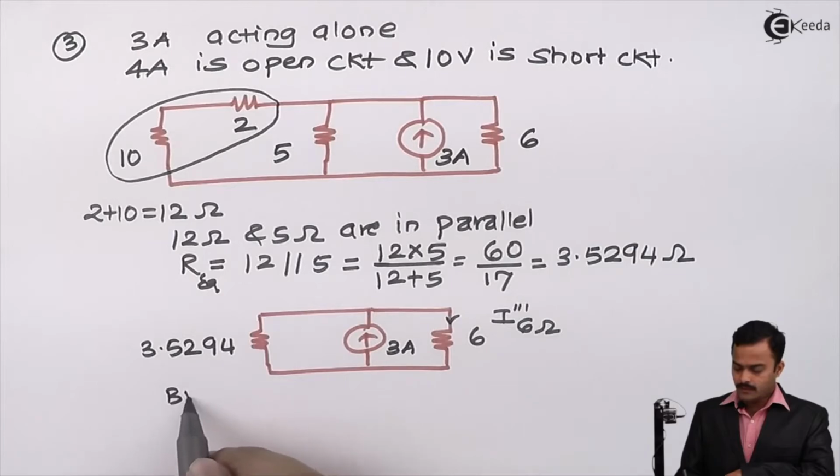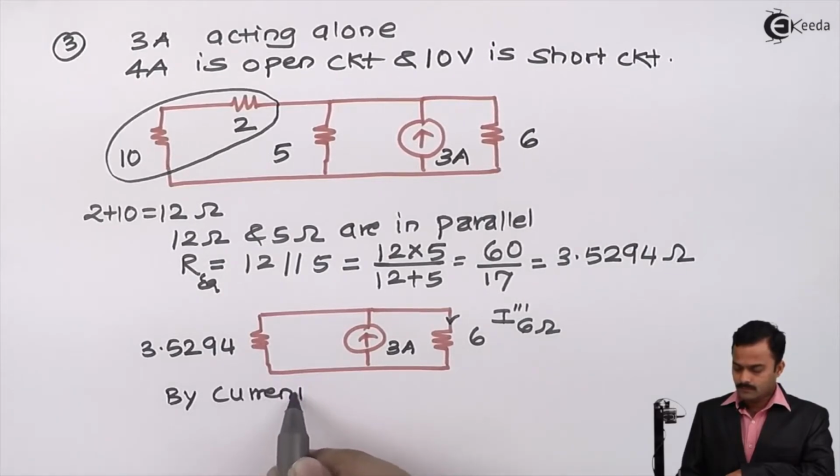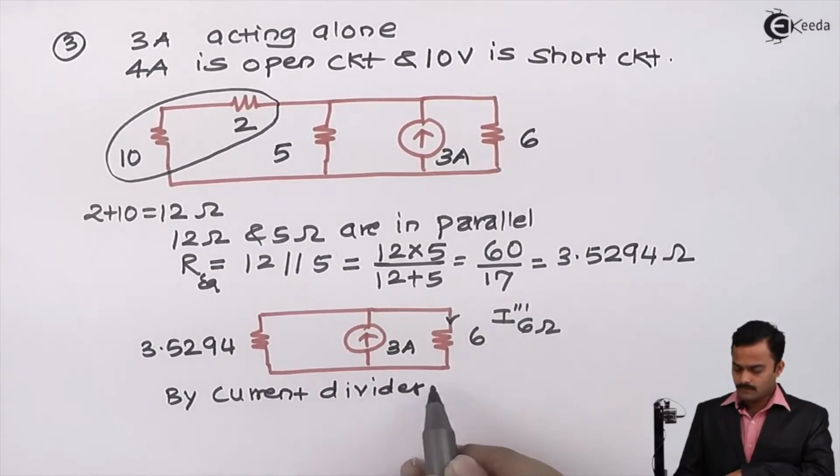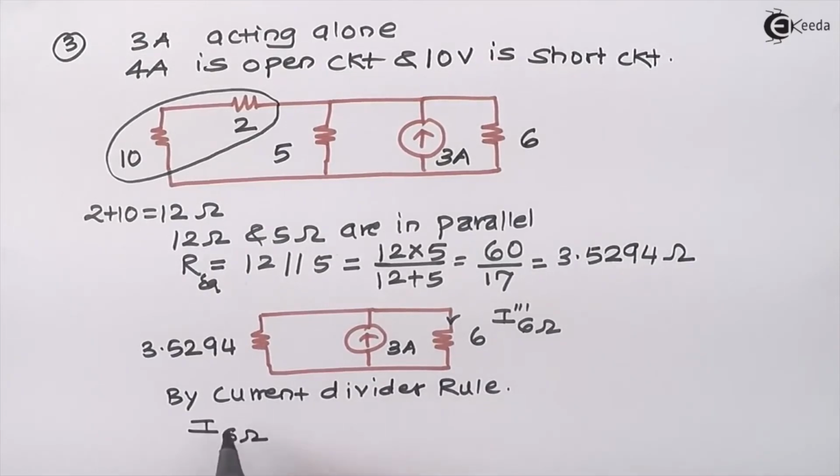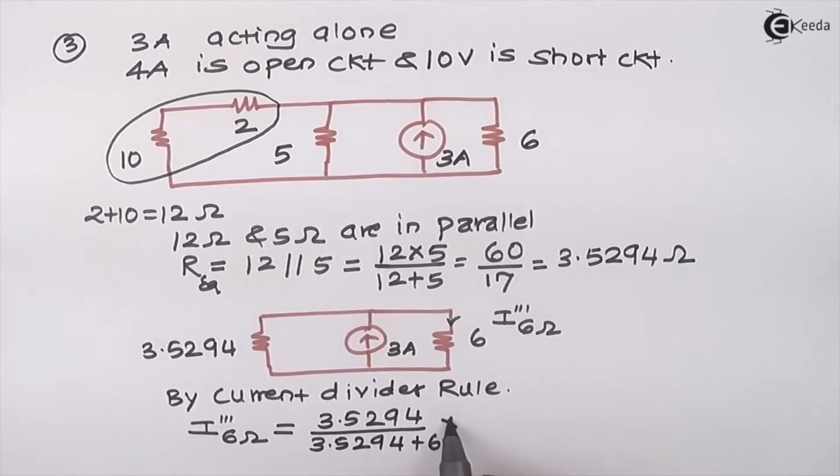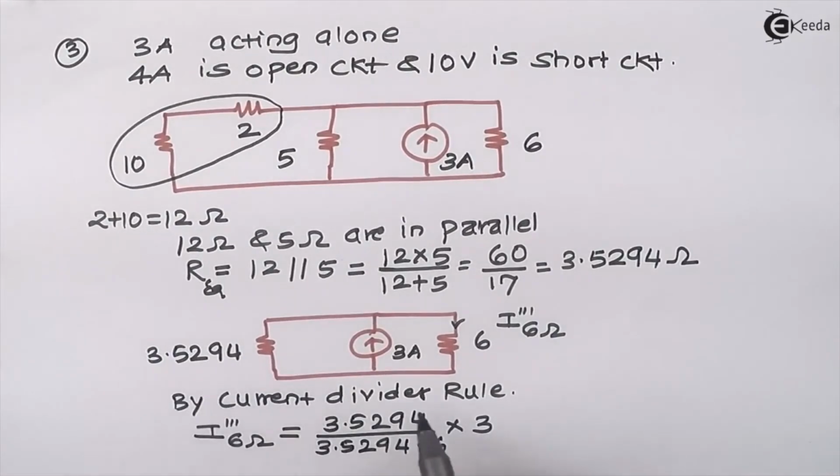So by the current divider rule, I triple dash 6 ohm equals 3.5294 divided by 3.5294 plus 6 multiplied by the total current supplied, which is 3 ampere.